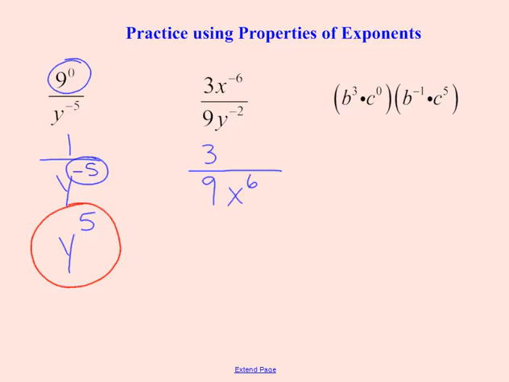Y to the negative 2 will flip from the bottom to the top and become y squared. Now the only thing left to do is to simplify this fraction right here. 3/9 reduces to 1/3. So really we have 1y squared over 3x to the 6th. And this is my simplified answer.